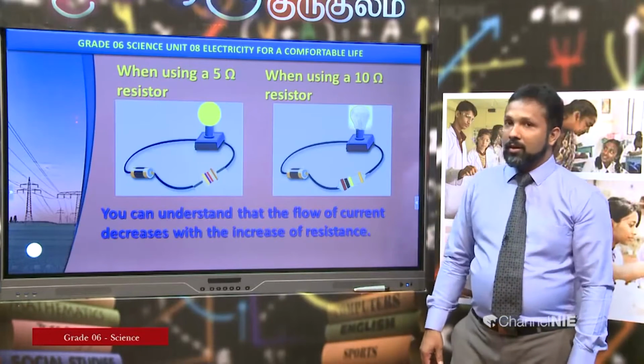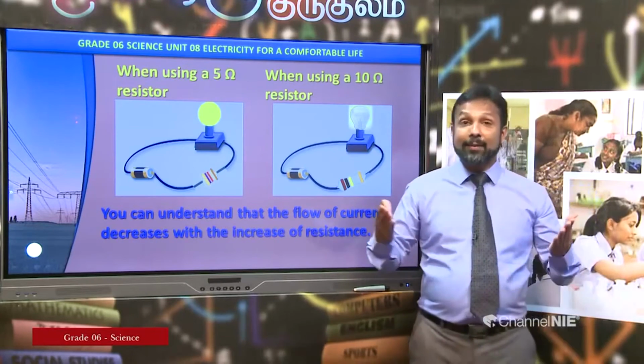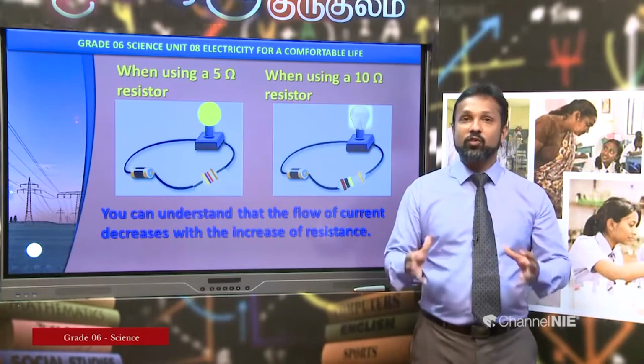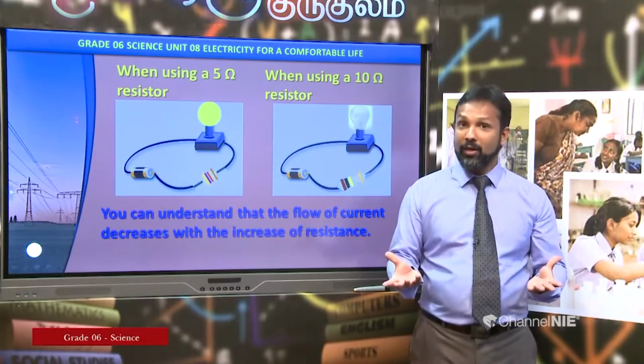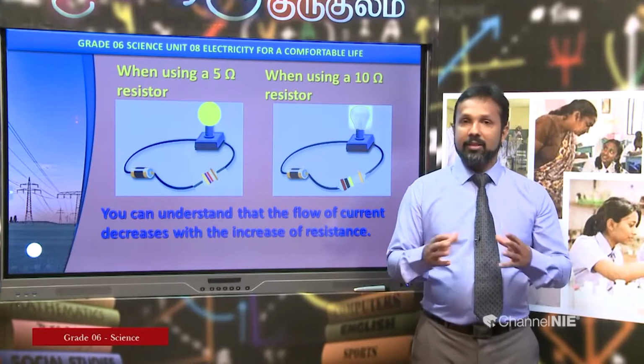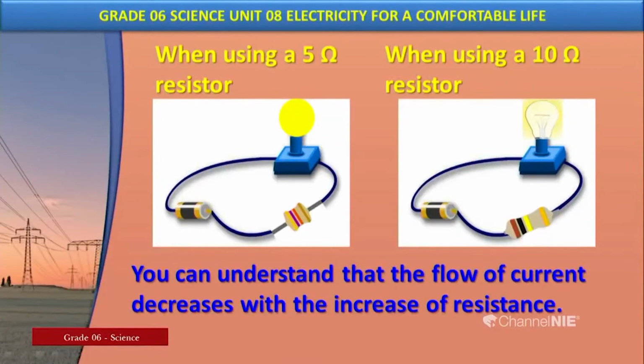My dear children, there are different types of resistors with different resistance values. I told you earlier, resistance is measured in ohms. There are resistors with 5 ohm, 6 ohm, 10 ohm, likewise. So, I am going to show you the difference of resistors with different resistance values.